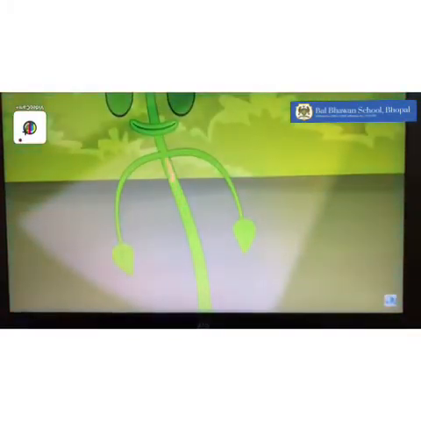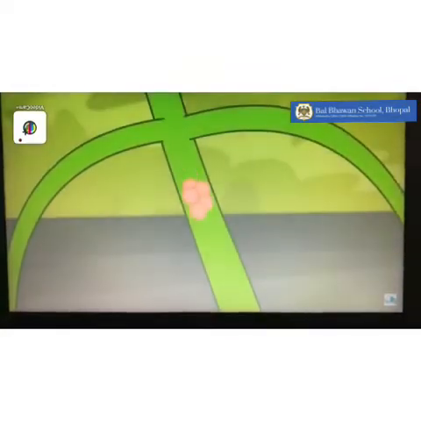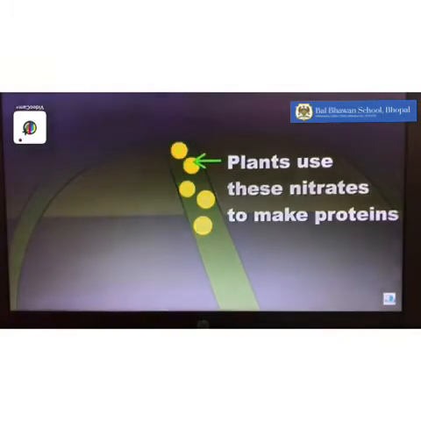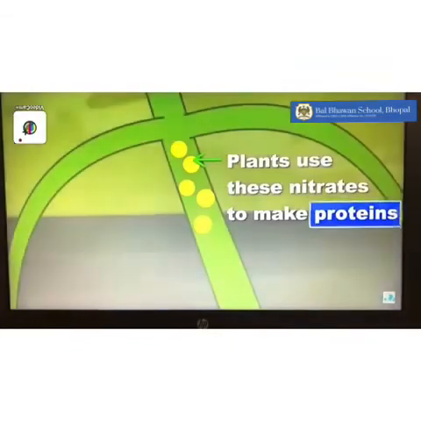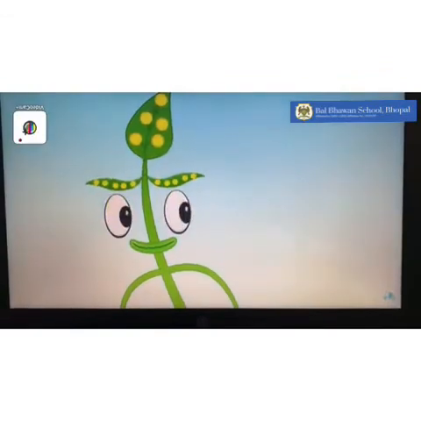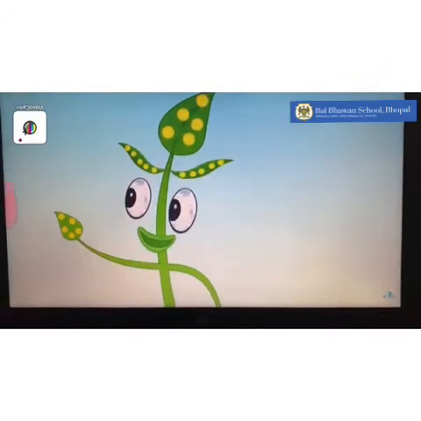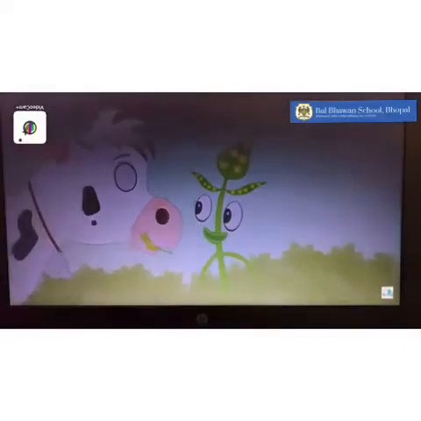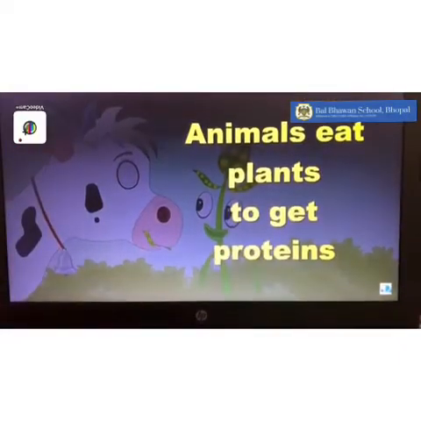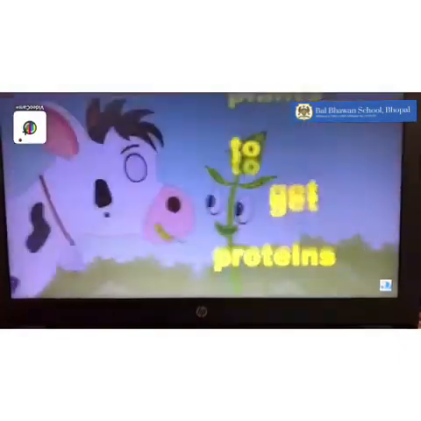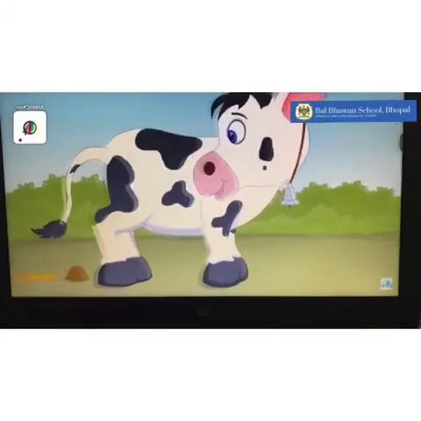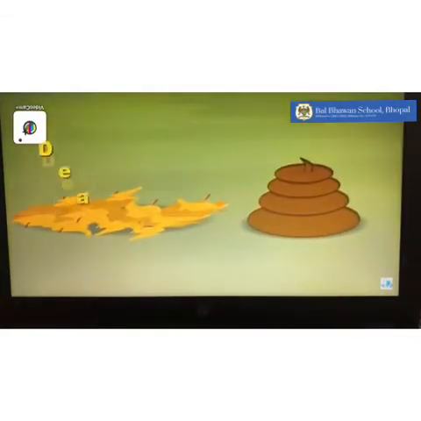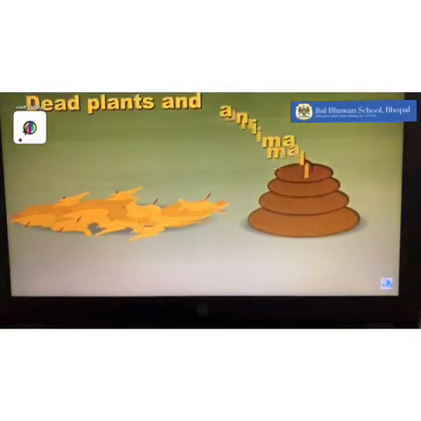These nitrates will help form plant protein. Plants use these nitrates to make proteins. The plants are then eaten by the animals, and they will also get the protein. So that is how nitrogen comes into the animals from the plants.